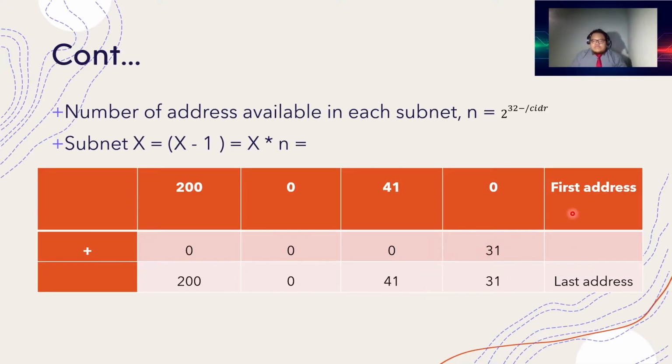This is one of the examples where the bytes that are added are 0 in the first address, 200, 0, 41, and 0. The wildcard is 0, 0, 31. And the last address is the result, which is the last IP address, the broadcast address that we are going to receive.